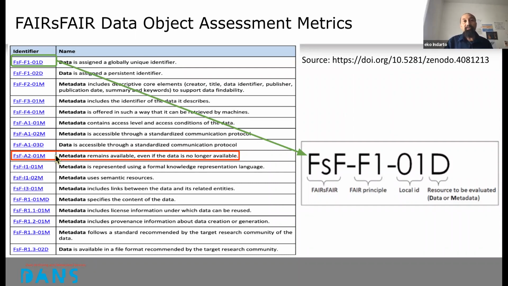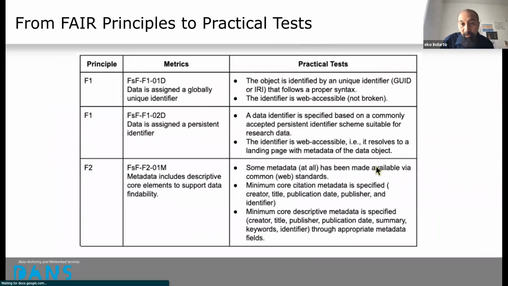This does not contribute to the fairness of an existing data object, but instead to a deleted object, and therefore cannot be tested automatically. Let's focus on the image on the right side, FSF F101D.